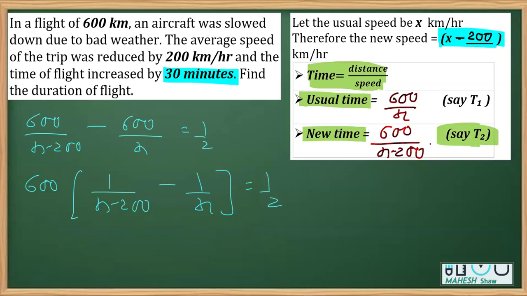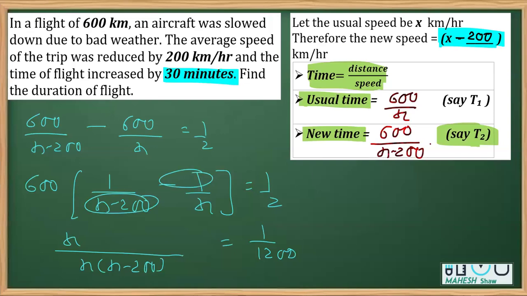Now, first I'm transposing this 600 to the other side. So it's going to be 1 over 1200, right? Yes, that's correct. Now, over here, I'm taking LCM, that is x multiplied by x minus 200. So this is x, and if I multiply with minus 1, it's going to be minus x plus 200.